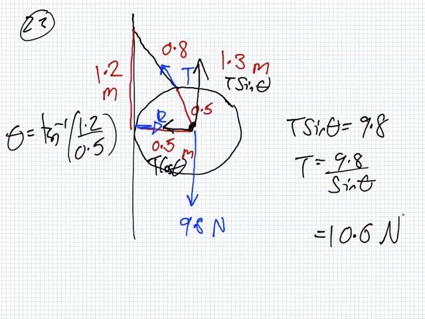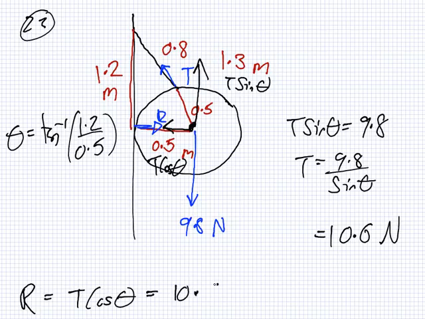That's only the T. Rats, I wanted the R. So the R is T cos theta. Oh, but I needed the T. Yeah. 10.6 cos theta. 4.08. Is that what I said? Yeah.